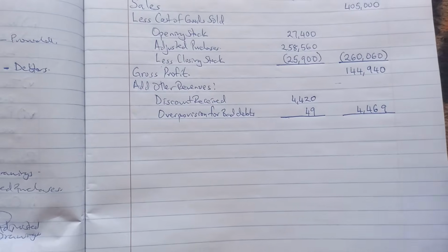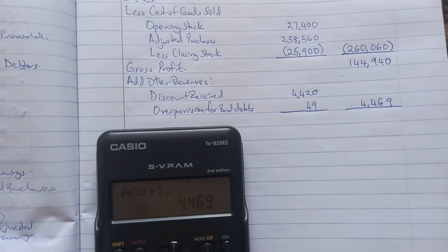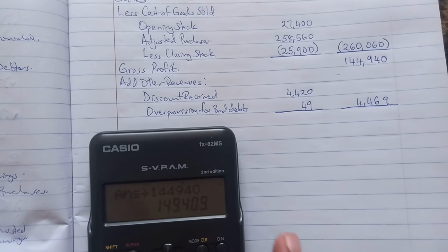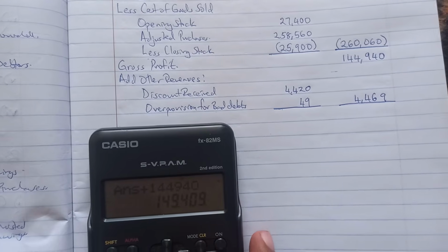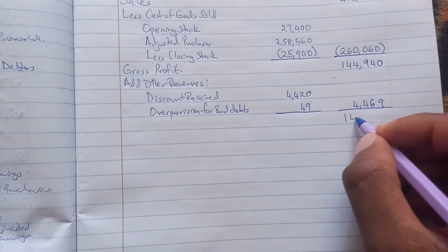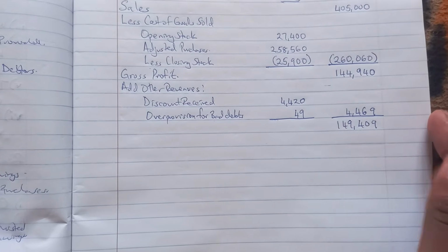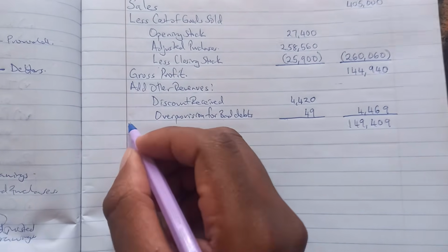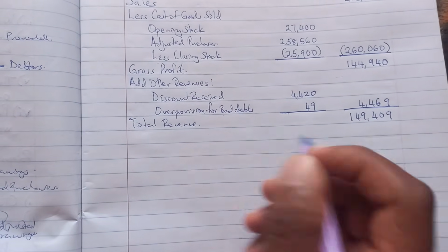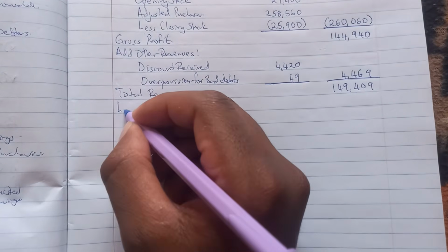Now when I add on to the gross profit, which is 144,940, I will get 149,409. Now this is the total revenue of the business.